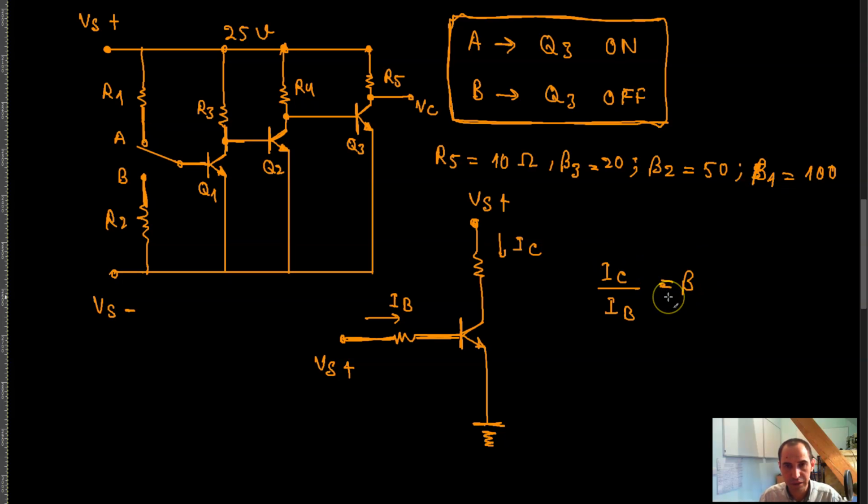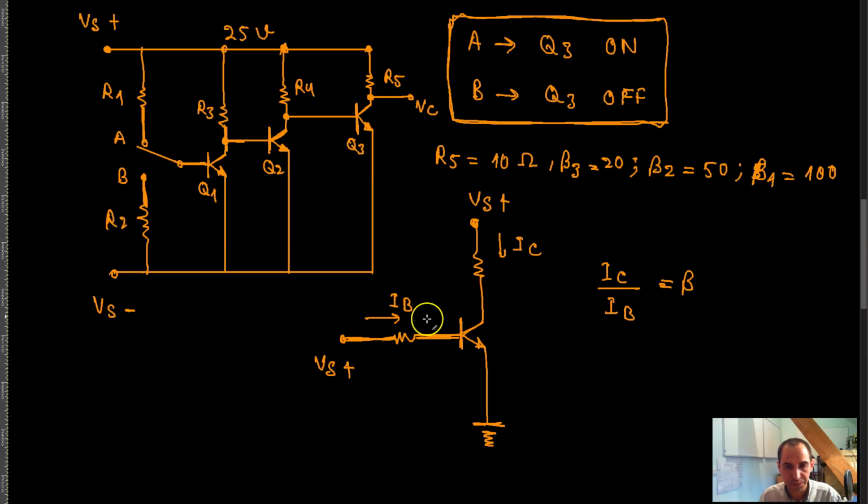Your beta is a predetermined value for every transistor. So this ratio is always the same, meaning that by changing I of B, since beta is constant, I of C can be changed, of course.